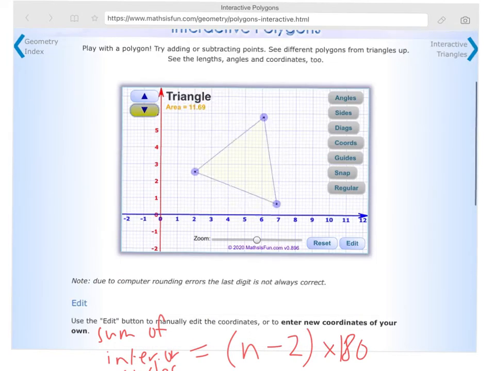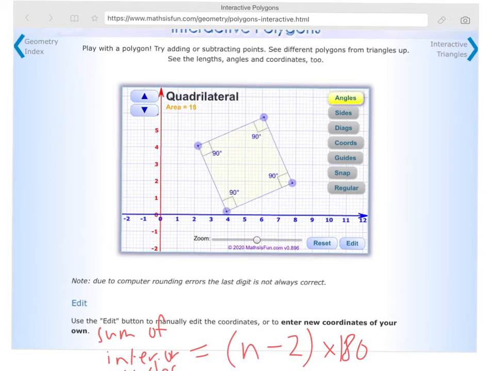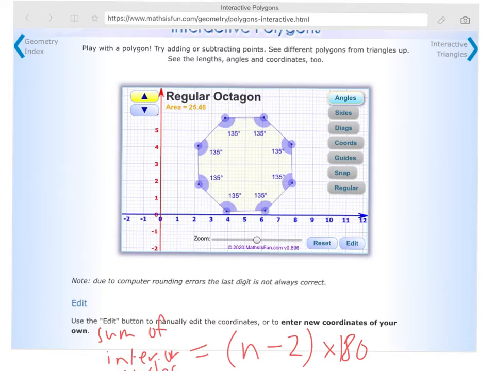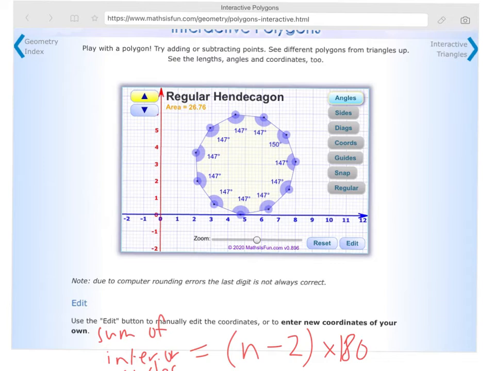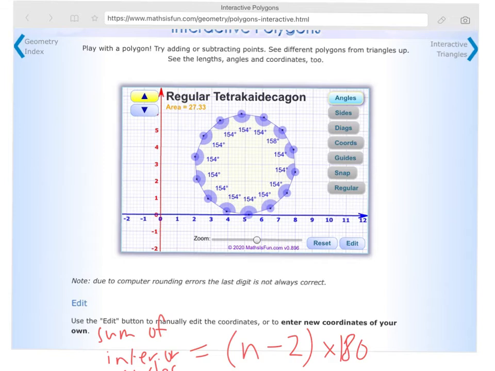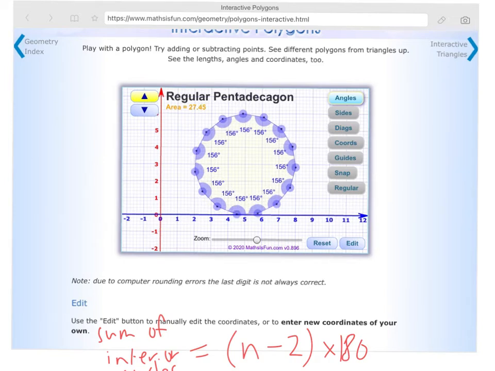We've got here a regular triangle and then a quadrilateral. And if I just mark on the angles, you can see as we increase the number of sides, the interior angle will get larger and hence the exterior angle will get smaller. Now that means the sum of interior angles will increase. However, the sum of exterior angles will always stay to be 360 degrees.